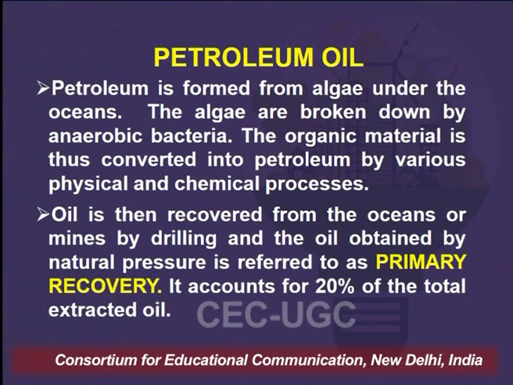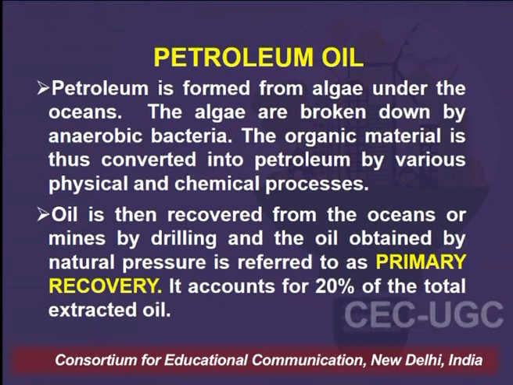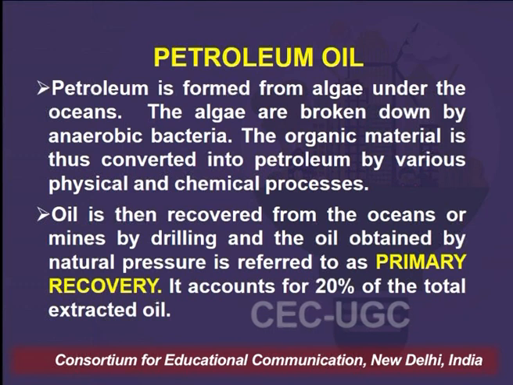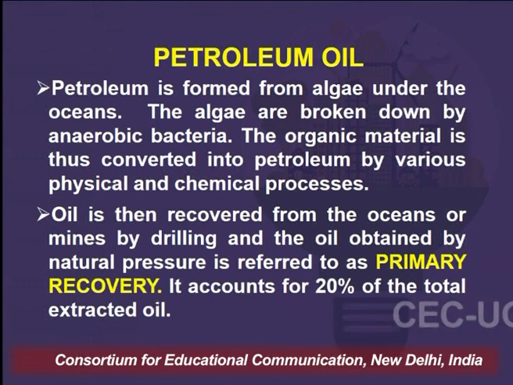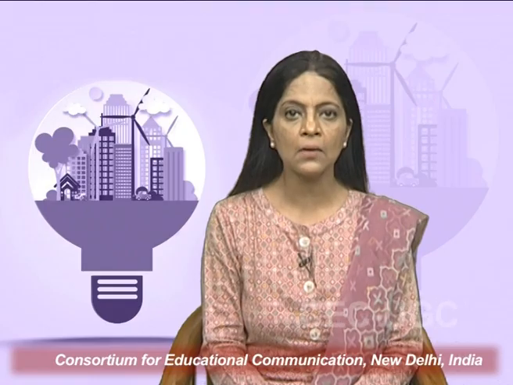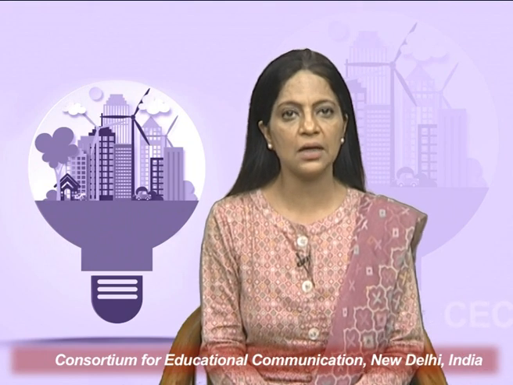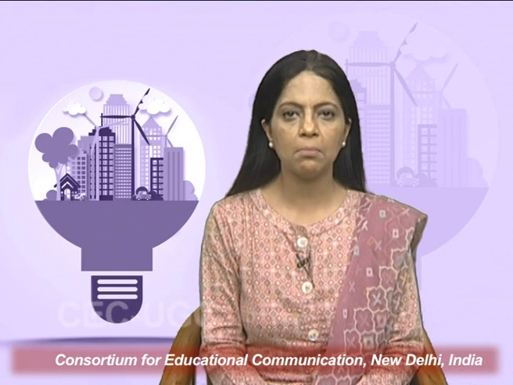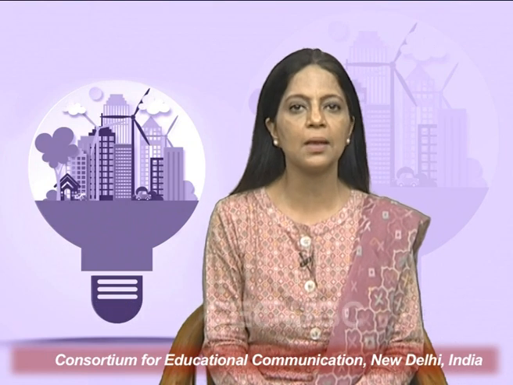Anaerobic bacteria are those which work in the absence of oxygen, as deep down near the bottom of the ocean, there is total absence of oxygen. The organic material is thus converted into petroleum by various physical and chemical processes.